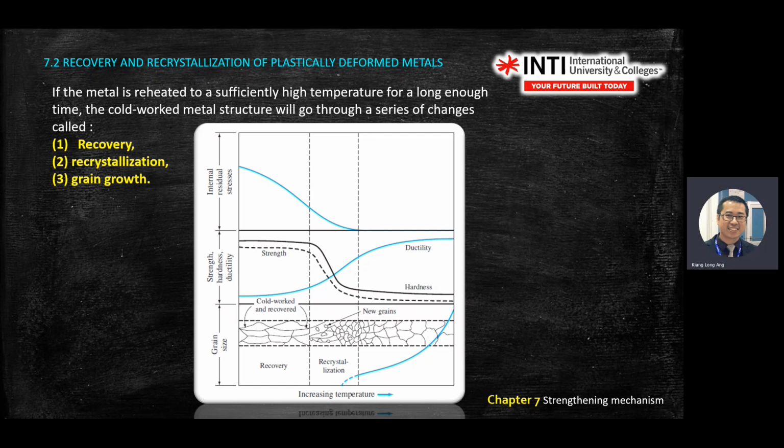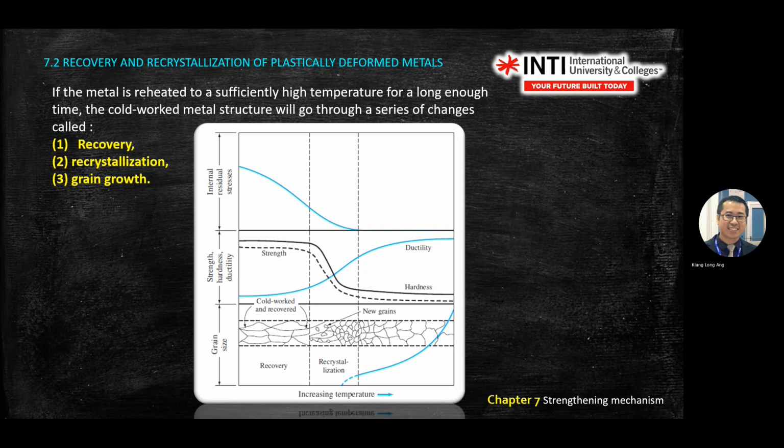So below recrystallization, you see there is a small increase of the percentage of elongation that you can get. But when it reaches recrystallization, it means there's more grain inside the structure. Then you see the ductility will increase and it continues to fade out.